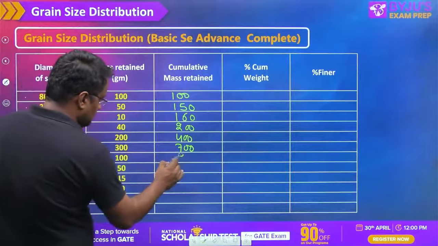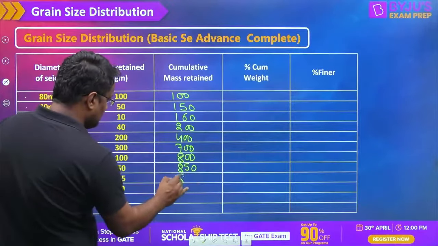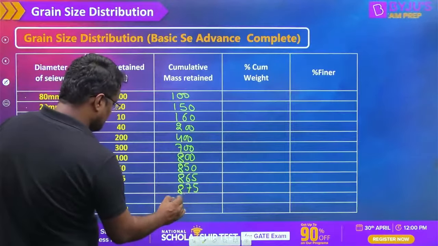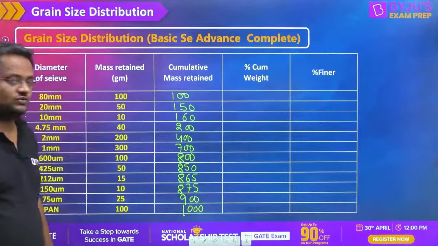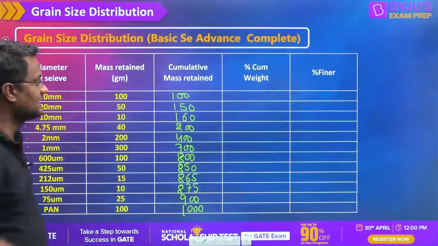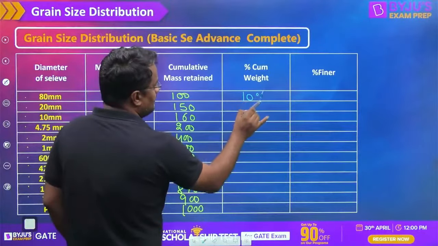700, then 800, then 850, then 865, then 875, then 900, then 1000 gram of soil. Now out of 1000 gram, 100 is how much percentage? 10%.